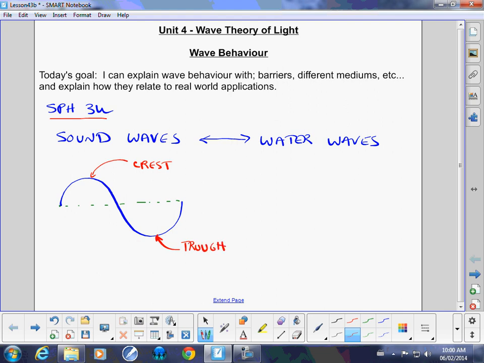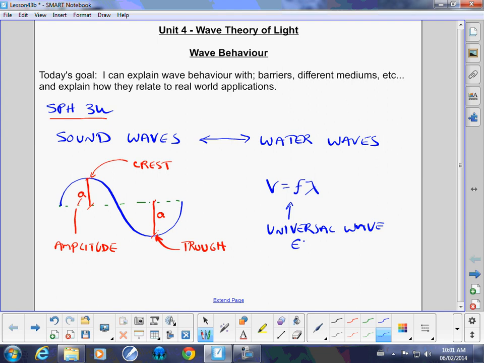That distance from crest to center line, or from center line to trough, is our amplitude. And the next important thing you need to bring forward is v equals f lambda, our universal wave equation.